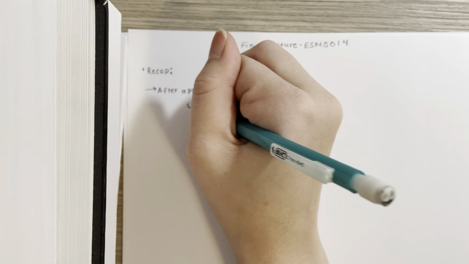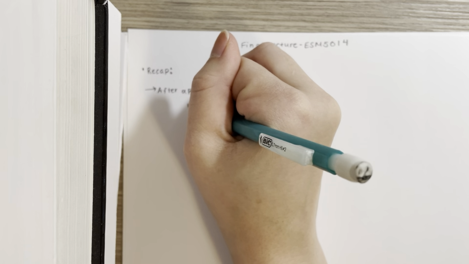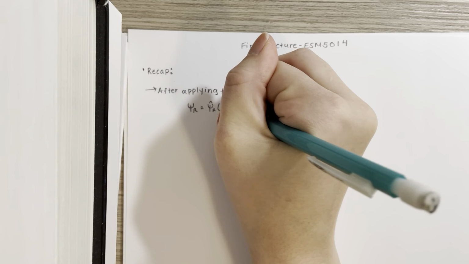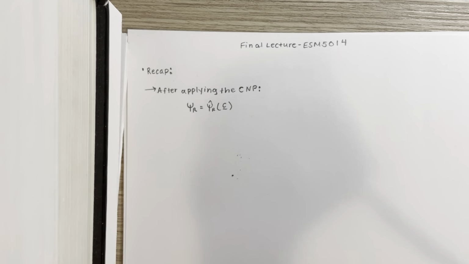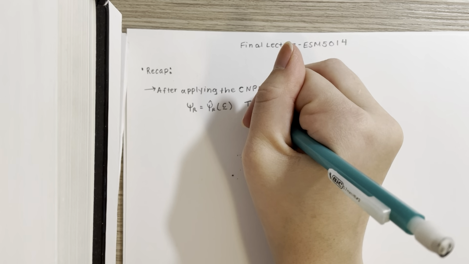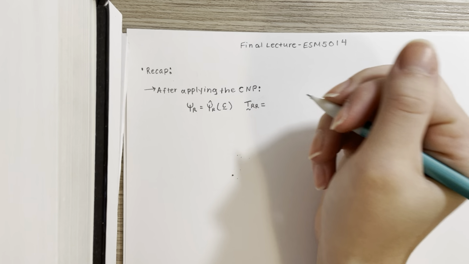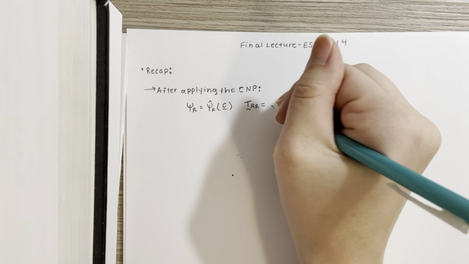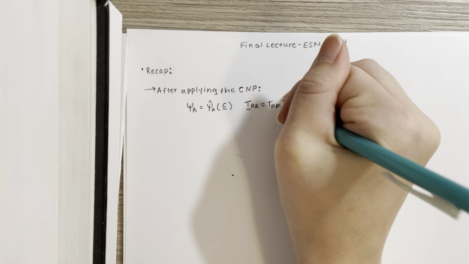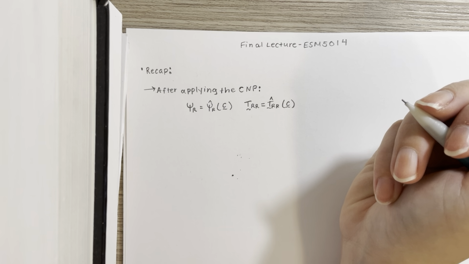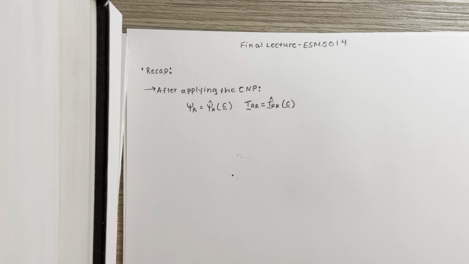The first one is the free energy, so we have phi r equal to phi r hat, a function of the right Cauchy-Green tensor, and we also have that T RR, our second Piola-Kirchhoff tensor, is also a function of the right Cauchy-Green tensor.